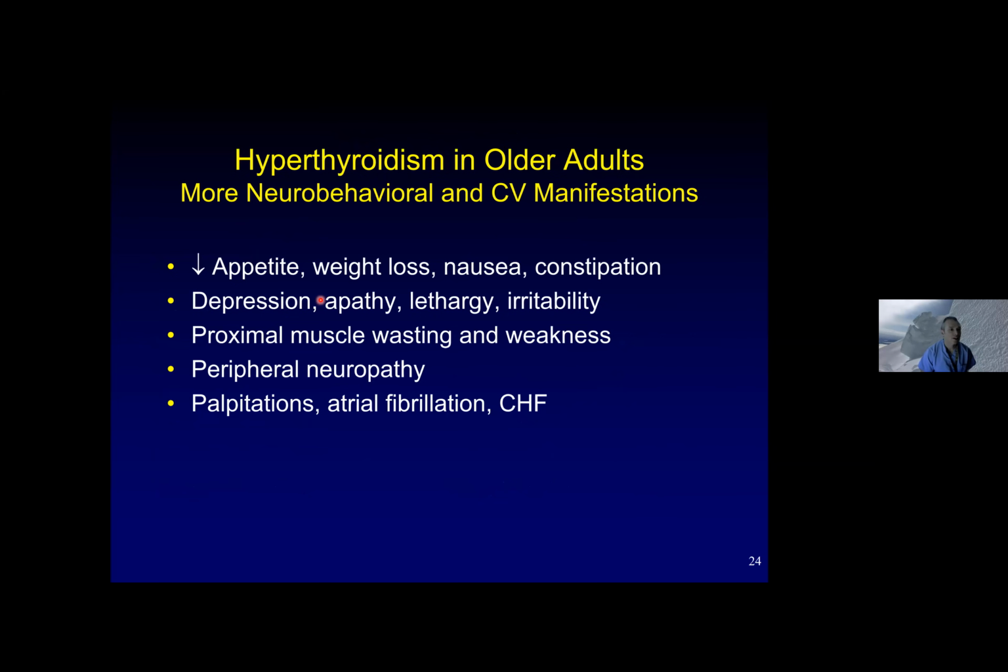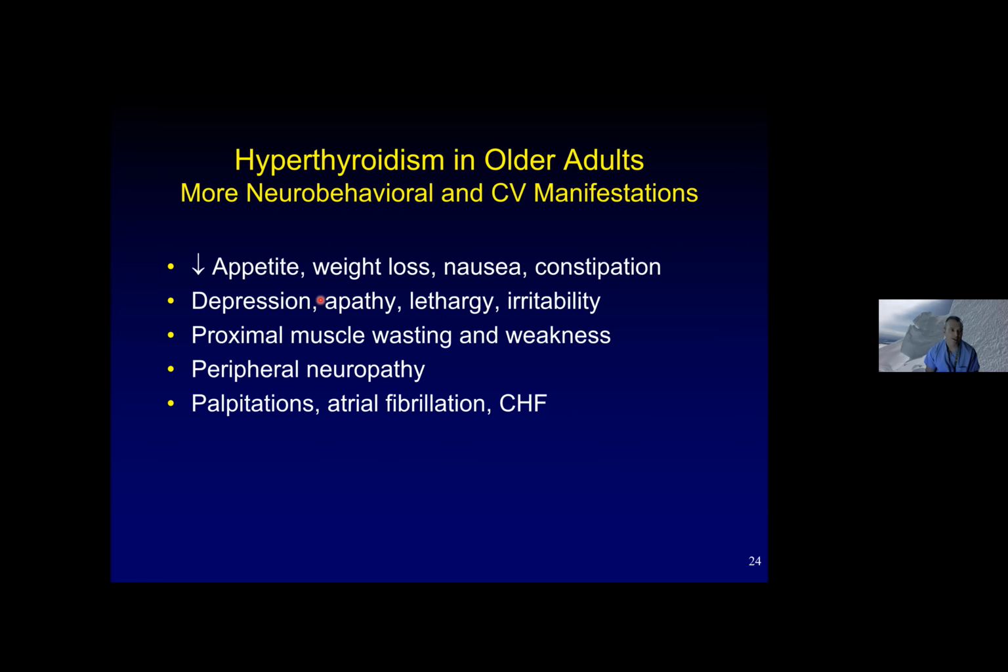Some of the things that are specific to older adults is an increase in the rate of neurobehavioral and cardiovascular manifestations. So that is decreased appetite, weight loss, nausea or constipation. So measuring thyroid hormone should be part of the evaluation of patients with involuntary weight loss that tend to happen at this age. Depression, apathy, lethargy, and irritability can also be seen.